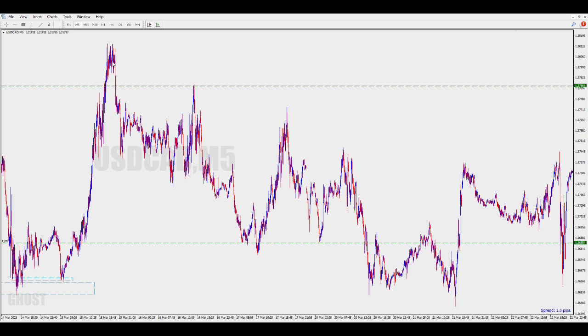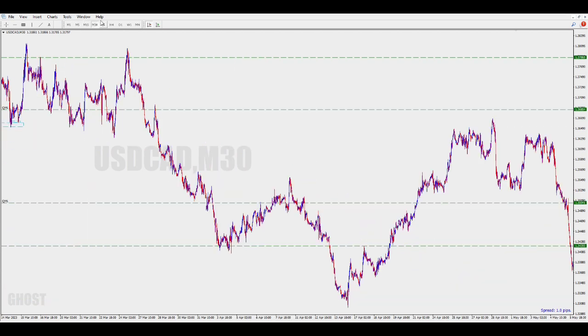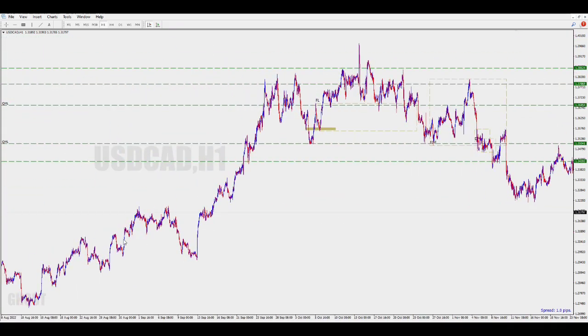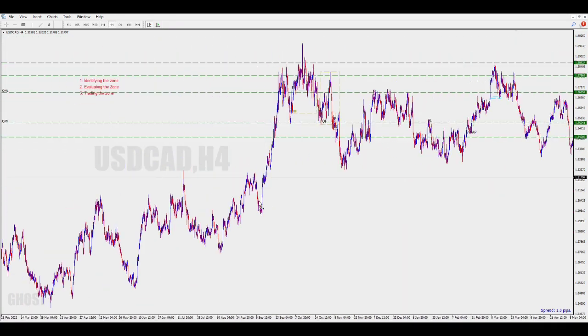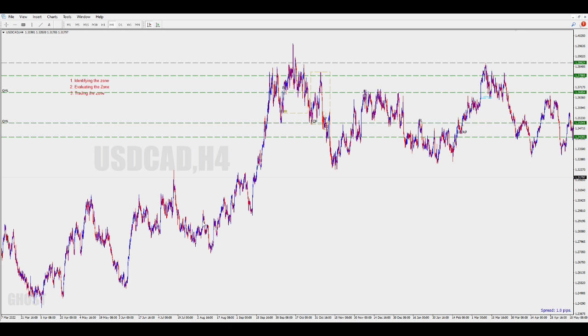So I think here the principle of trading these type of zones is extremely simple, right? I try to explain it as simple as possible so that you guys can understand it. There are 3 steps: identifying the zone, evaluating the zone, so pretty much the RS and the other targets within that zone, the pre-order flow zone, right?